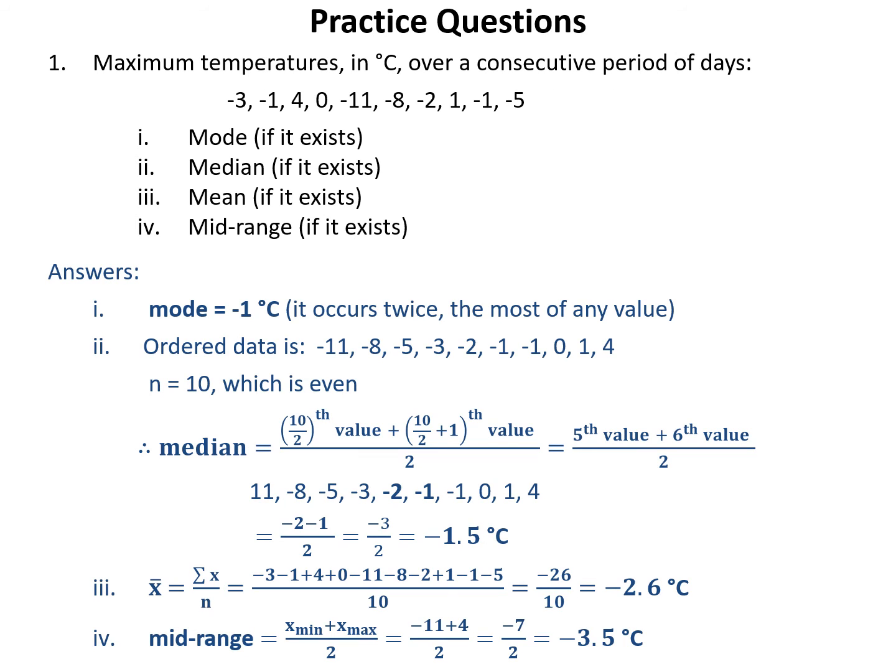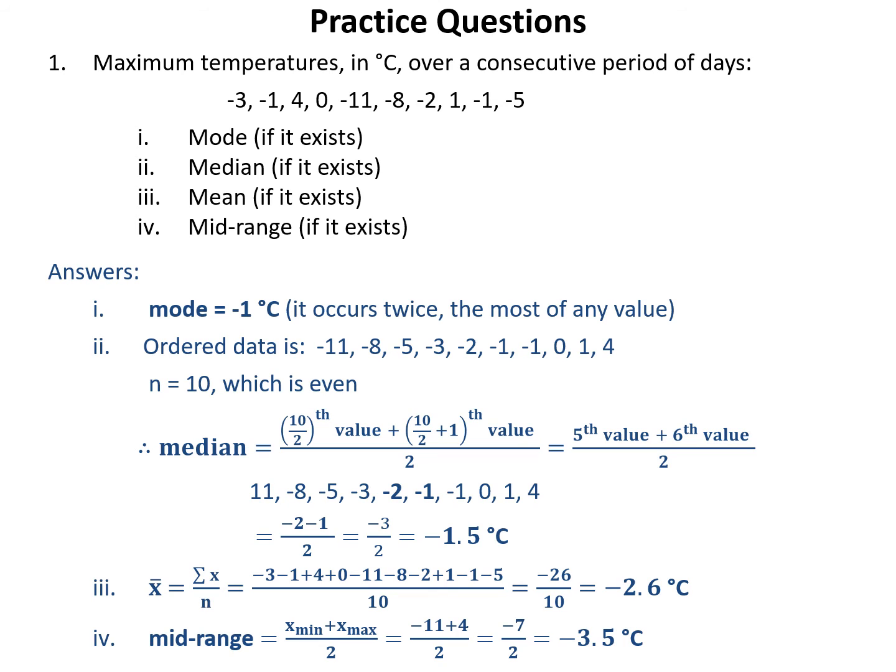So first we look at the mode. If we inspect the numbers here carefully, we can see that the only number that occurs more than once is -1. So our mode is equal to -1 degrees Celsius.